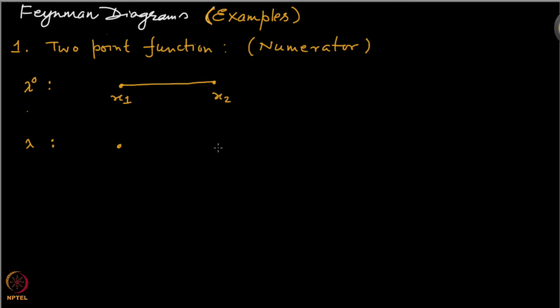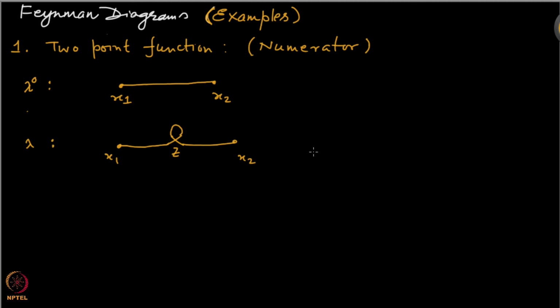Now let's go to order lambda. Again I have my two external points x1 and x2, and at order lambda you have one vertex. Let's call it z. I could connect it like this, and then I am left with this possibility. So this is one possible Feynman diagram.